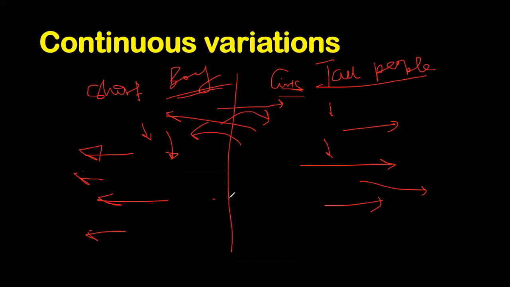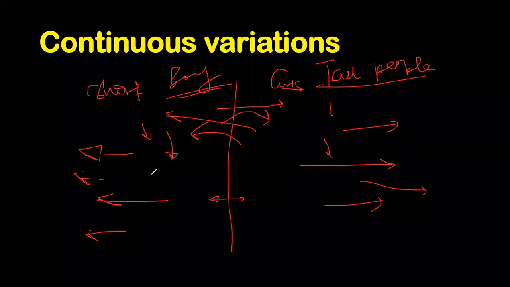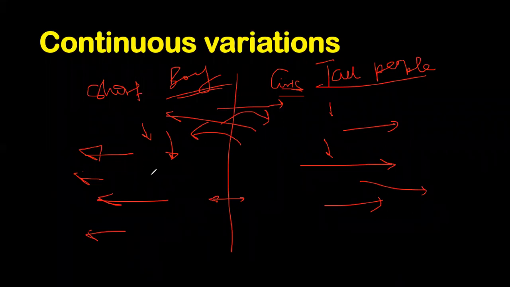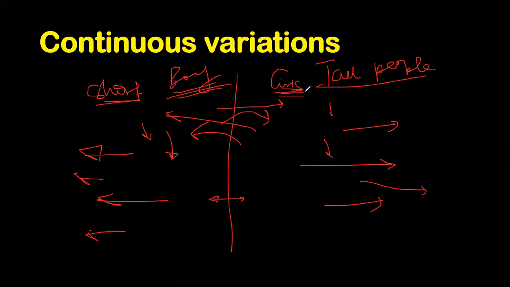Will you find anyone confused, trying to find where to go? Should I go among boys or among girls? Obviously, no. Okay? And so, based on these two examples I've just given, they define our two types of variations.